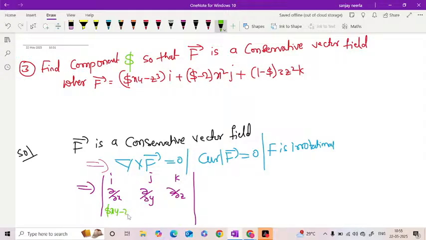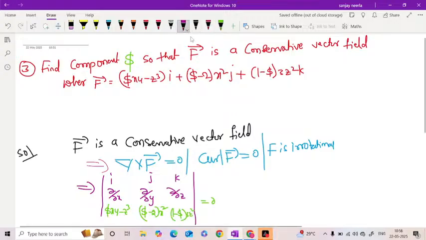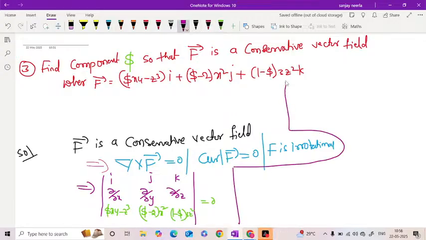xy minus z cube, and minus 2x square, and 1 minus 3z square is equal to 0. Now find the determinant of the matrix. What is the determinant of the matrix?